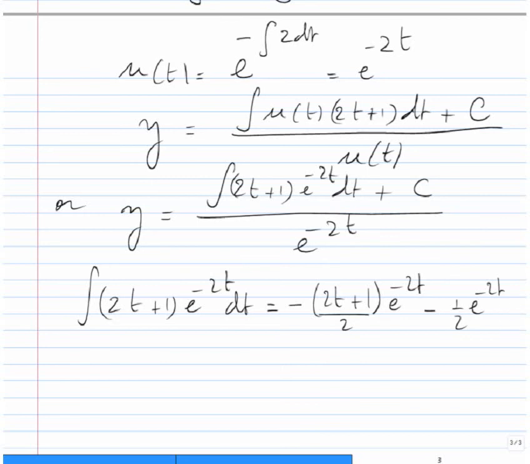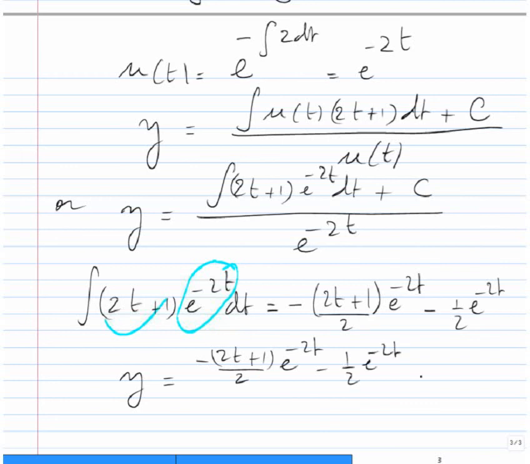So again, this is an integration by parts where I integrated e^(-2t) and differentiated 2t plus 1. This is just a simple Calculus 2 exercise that I leave to anyone to complete. So the answer is then minus (2t plus 1)/2 e^(-2t) minus 1/2 e^(-2t) plus c over e^(-2t).